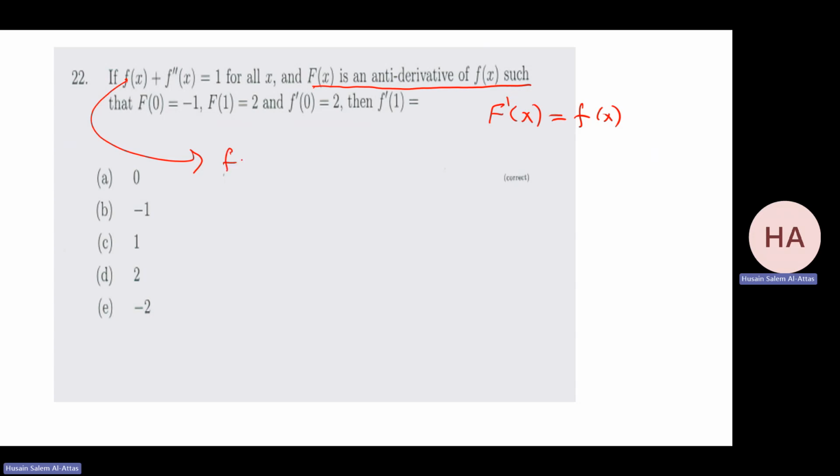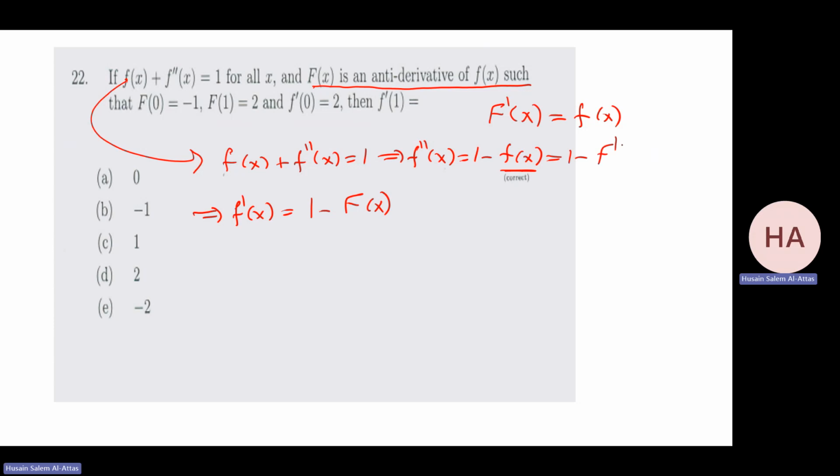So I'll use this. I'll start from this one, where I will get f double prime is 1 minus f of x. Integrate. So you have f prime equal 1 minus capital F of x. This one is capital F. This one is 1 minus capital F prime. We integrate, I'm getting f of x plus c. Okay. So to find the c, I will use this, and this.